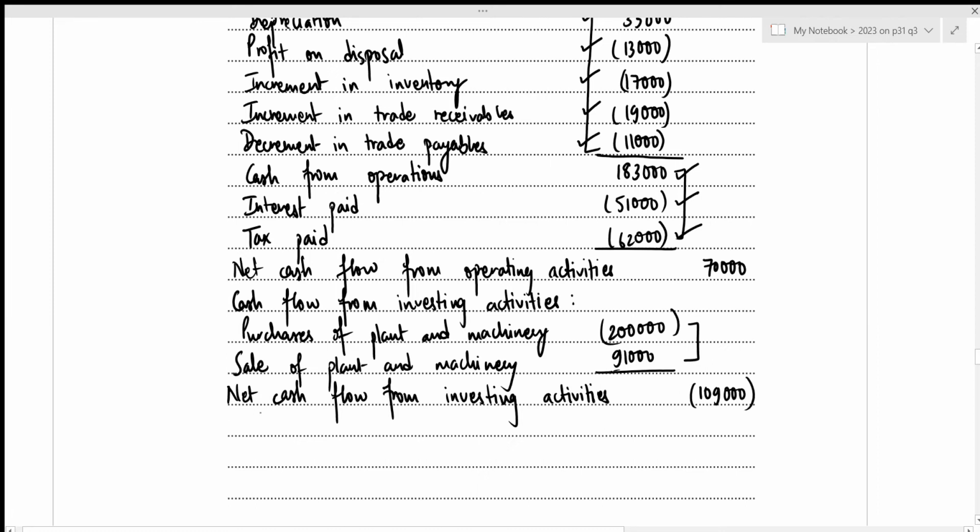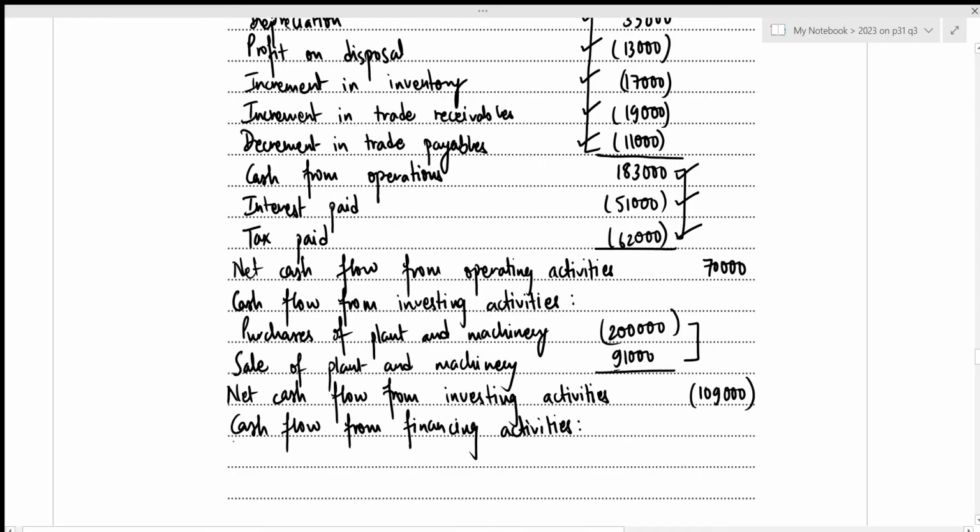Now we can move towards the third section, which is cash flow from financing activities. This section will include new issue of shares and the proceeds from those issue of shares. It will also include the dividends paid as well as the new loan acquired or the loan repaid.